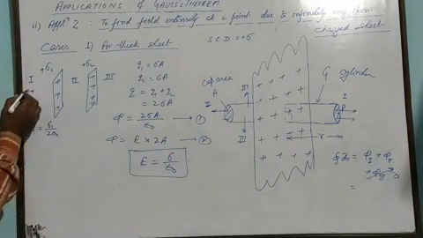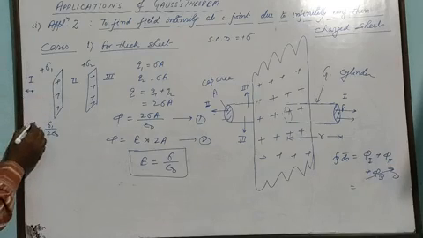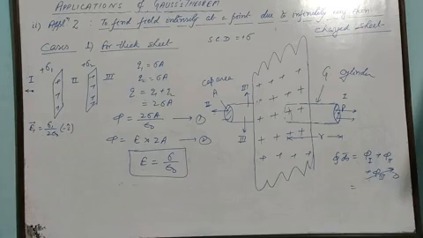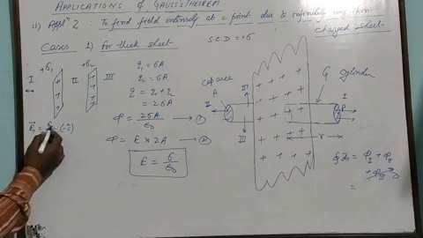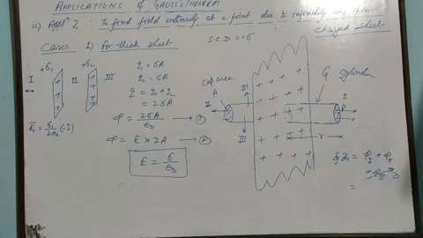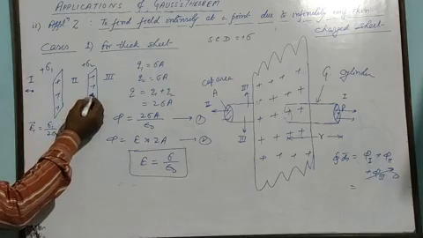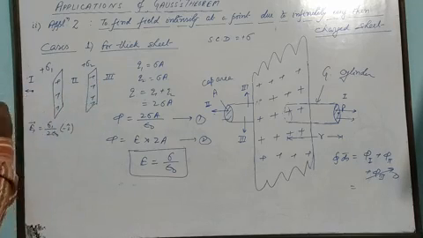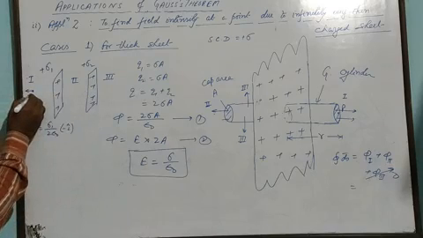So here the field intensity is E1 and its direction is minus i cap, radially outward on the left side. Its magnitude is sigma 1 by 2 epsilon naught, direction is minus i cap. Similarly for this particular sheet here, this is also positive.